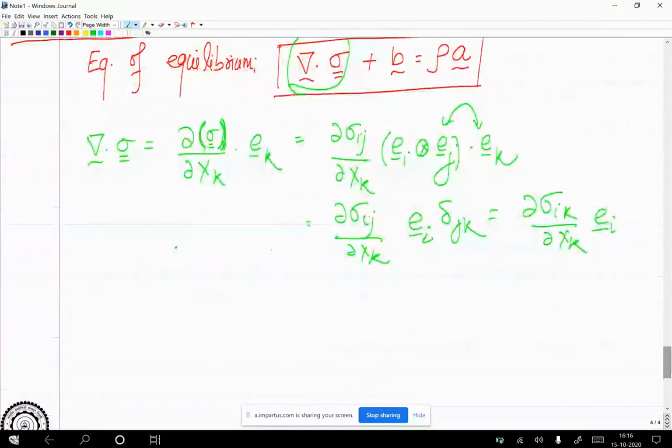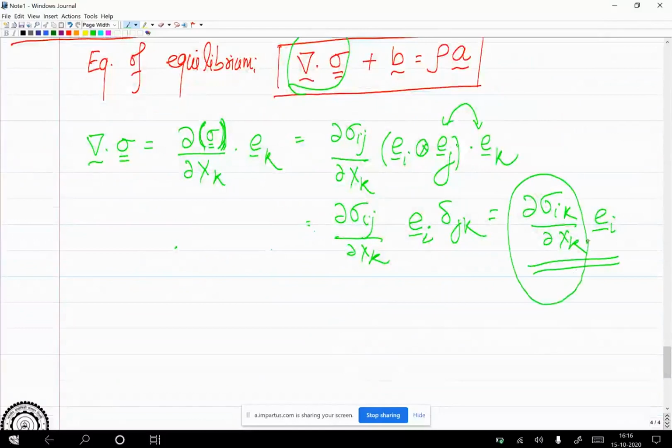So you see, the divergence of sigma is now a vector, and the ith component is del sigma ik over del xk.